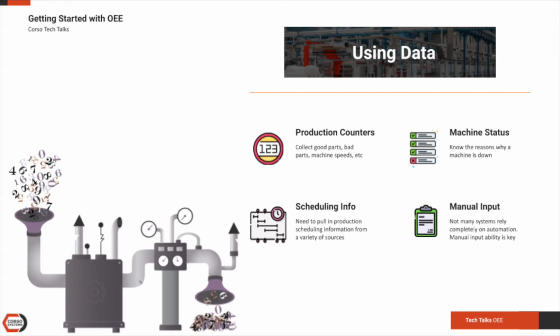And what I mean by that is whether data is being collected automatically from machines via OPC or MQTT, or we're collecting data manually by operators logging into an HMI terminal and manually inputting when they've scrapped a part or thrown it into a scrap bin, it's imperative that the OEE system receives accurate information, or else the numbers at the end of the day aren't going to get you anything. You aren't going to be able to drive results off of that.